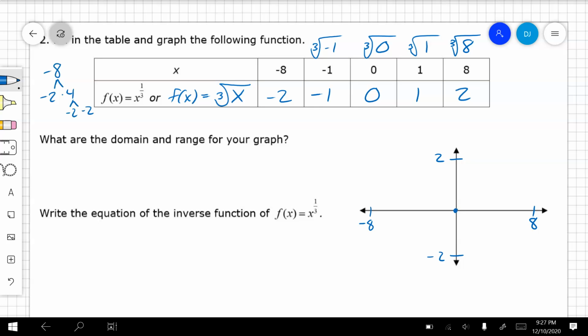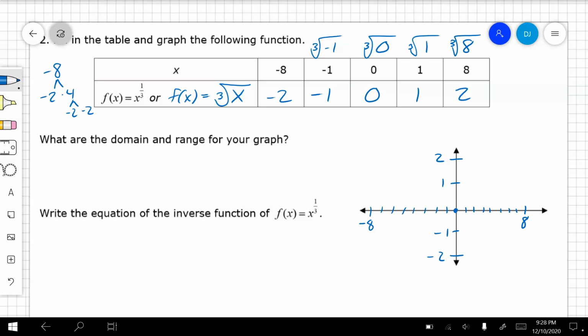And I have a point at 0, 0. So here's 1, here's -1, 8, 1, 2, 3, 4, 5, 6, 7, 8. Nope, darn it, I didn't make it. I'll just go ahead and erase this one, and this is now 8. 1, 2, 3, 4, 5, 6, 7, 8. Alright, it'll be slightly skewed, but that'll be okay.